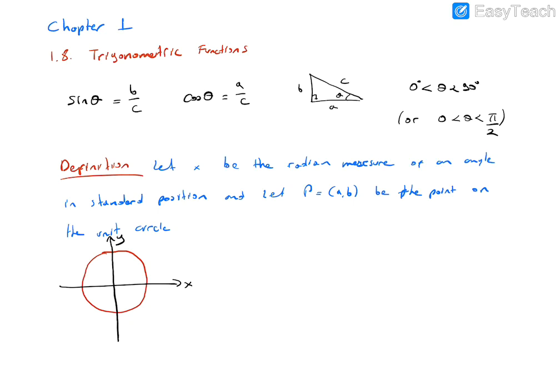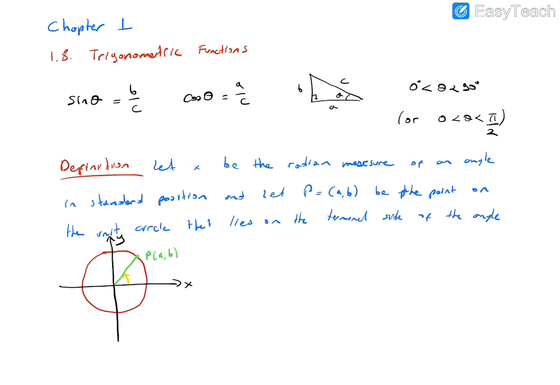And the point P here equals (a, b), on the unit circle, that lies on the terminal side of the angle. So which terminal side? This terminal side. What is the initial side? The initial side is the x-axis. So this is our angle theta.